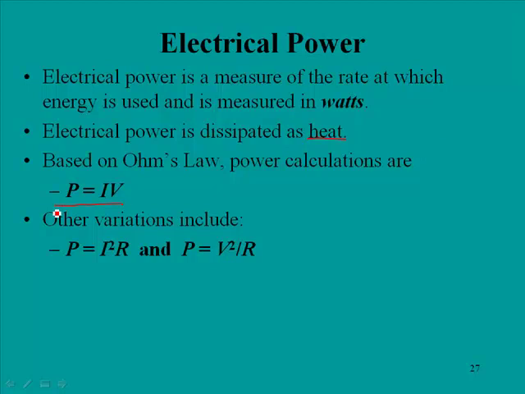Power equals I times V, or you could say also I times E, either way. At any rate, current times voltage gives us the power in what we call watts. And when you get an electric bill, ultimately what you're paying for is the power that you have consumed, and it is measured in watts.